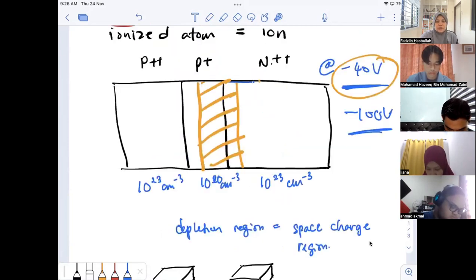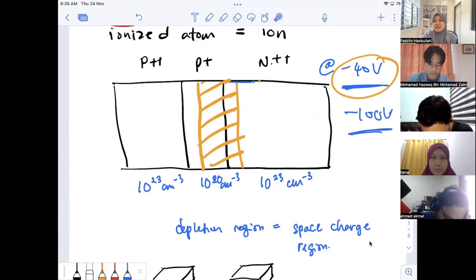Right, so the reason why I asked you to draw minus 100, minus 40, Alfian saya suruh buat minus 20, because of your initial answer. Both your answers are correct, Alfian, for minus 40. It depends on how, because you don't have an appreciation of whether minus 40 ni besar ke kecil.